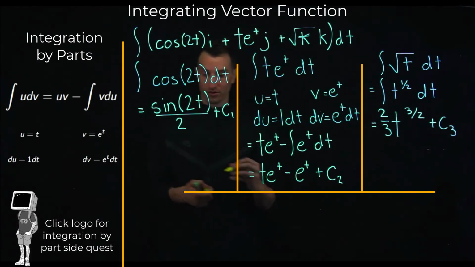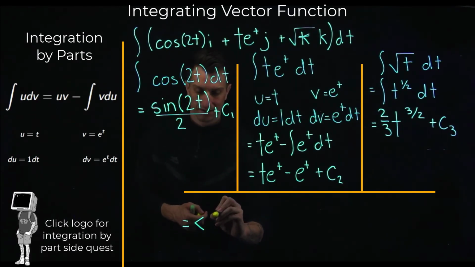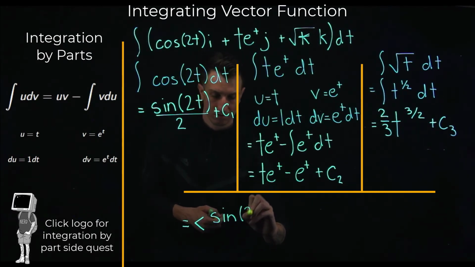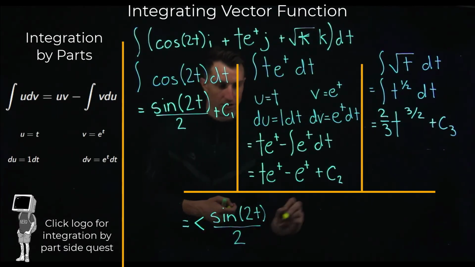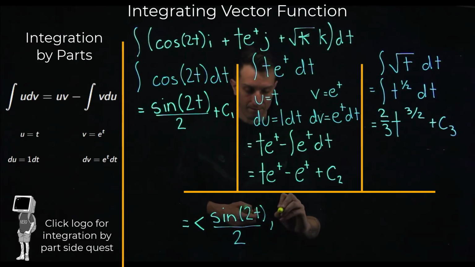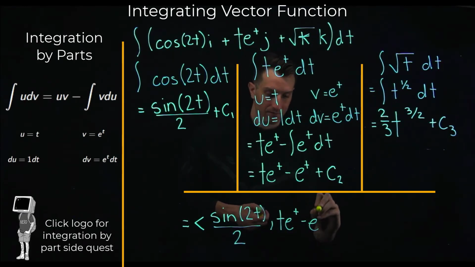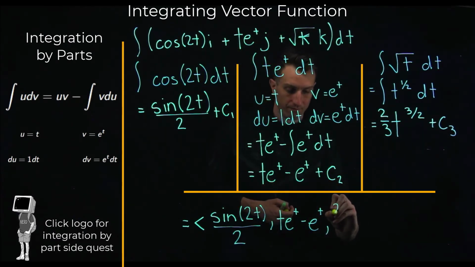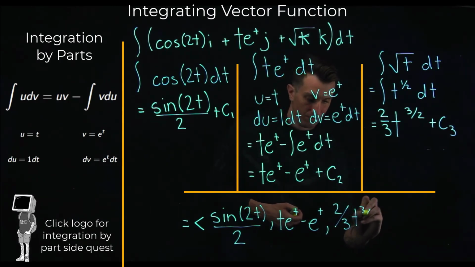So the integral is going to be equal to sine of 2t over 2, comma, t e to the t minus e to the t, comma, 2/3 t to the 3 over 2.